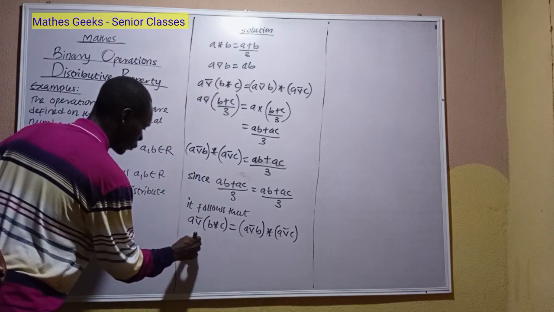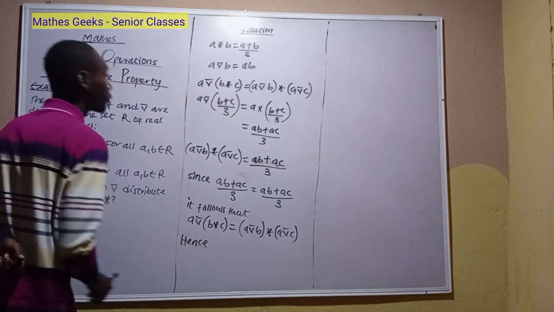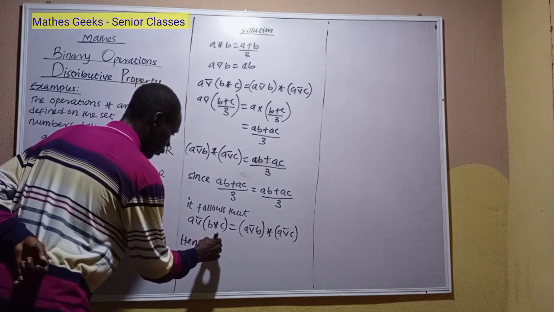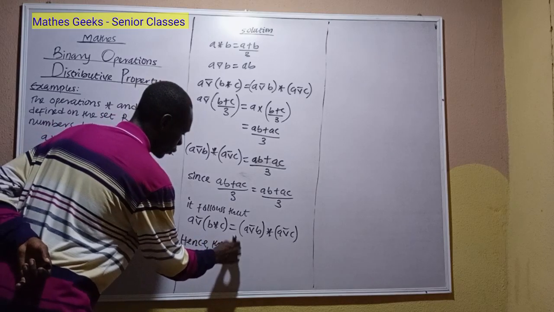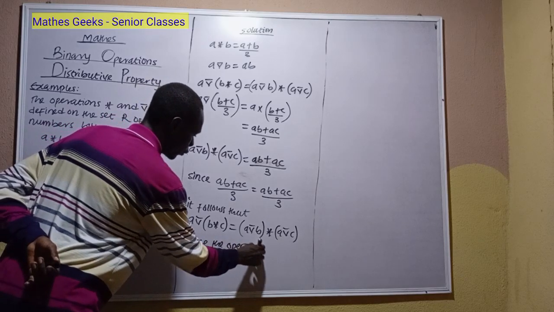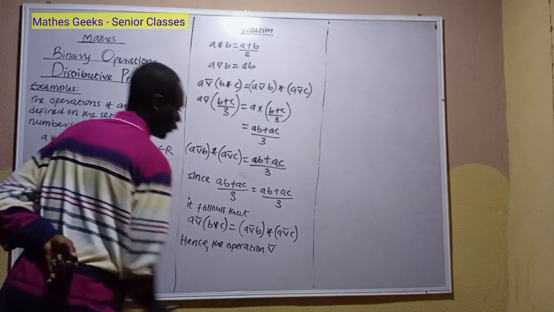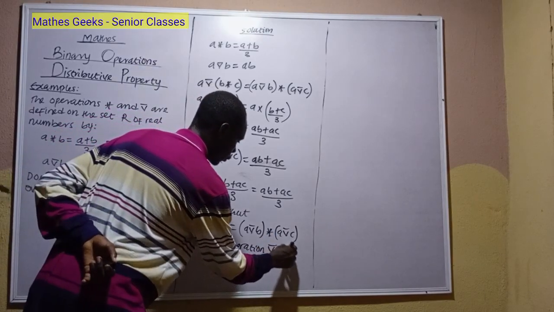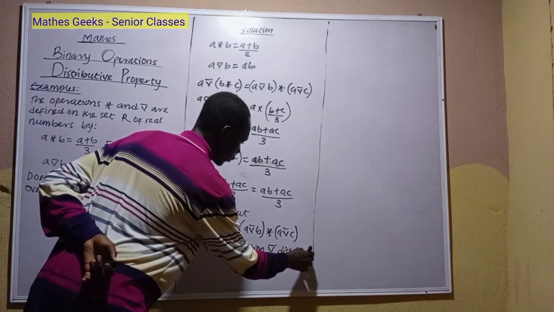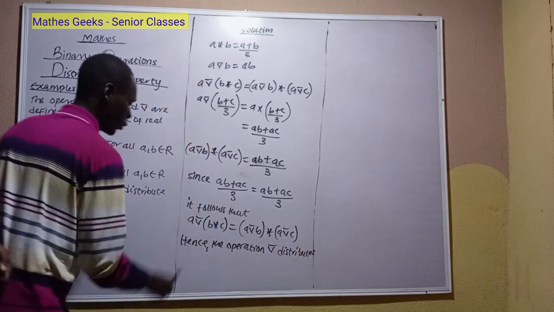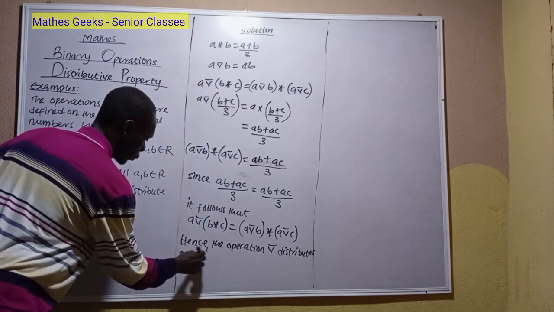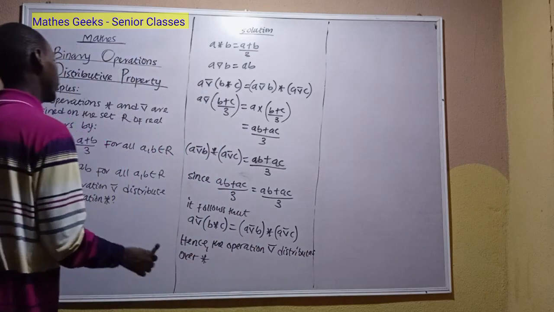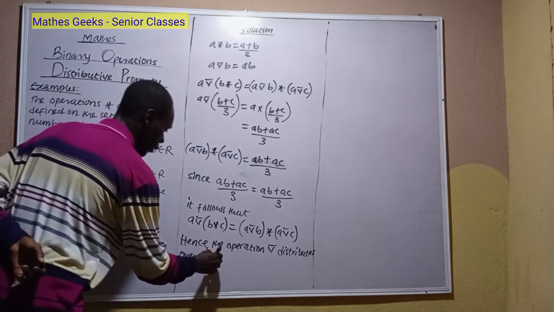Hence the operation ∇ distributes over star on the set R.